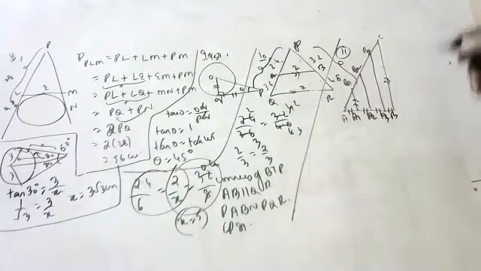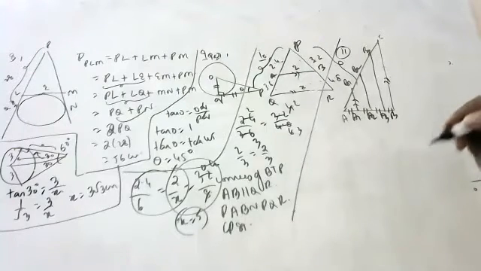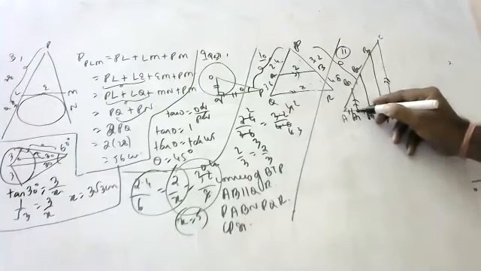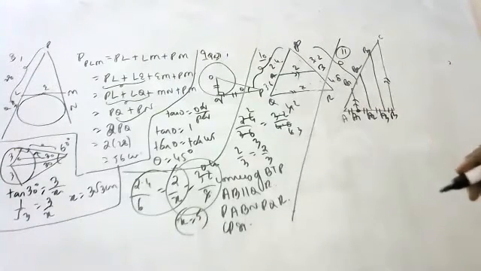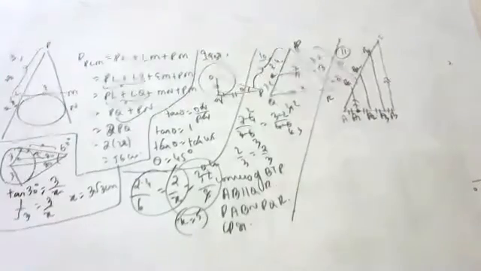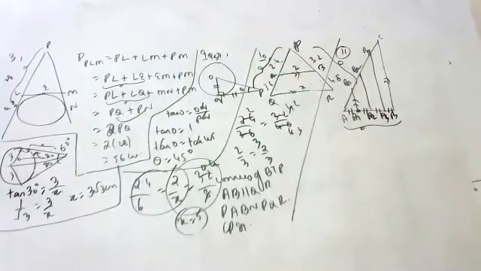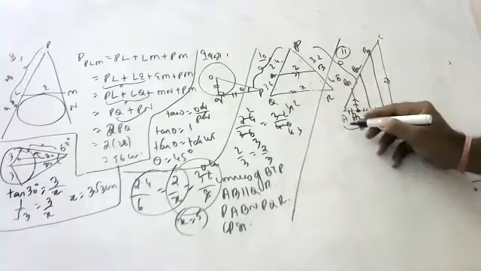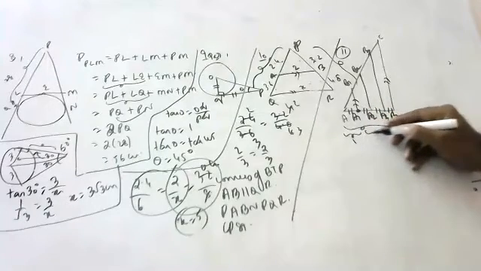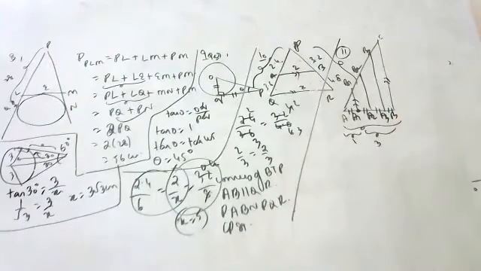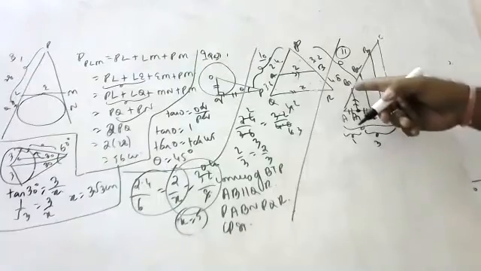Then A1 divides AB in which ratio? Children, this is one part, this is three parts.